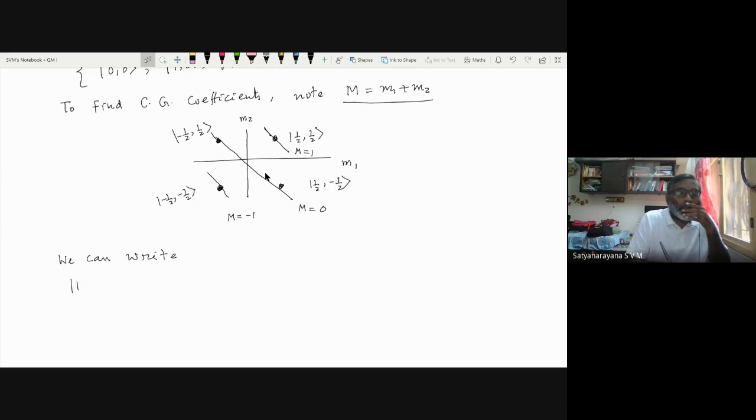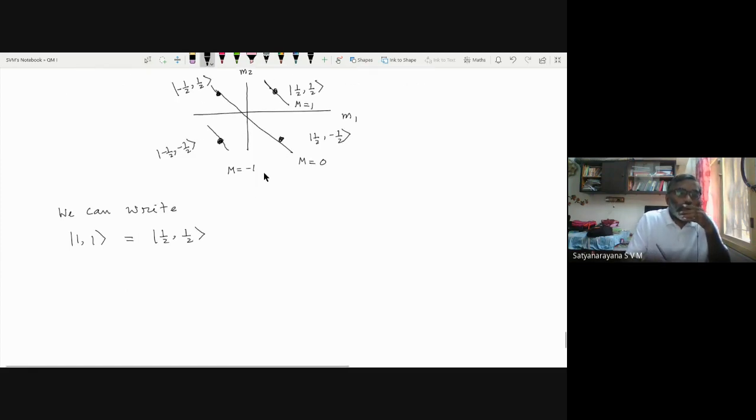That is, the 1 comma 1 state has to be equal to half comma half. No other state gives rise to capital M equal to m1 plus m2. And we can also write 1 comma minus 1 is equal to minus half minus half. There is no other state which is giving rise to this. Essentially, it means the Clebsch-Gordan coefficient for half half is 1, and for all other things is 0 in this expansion.